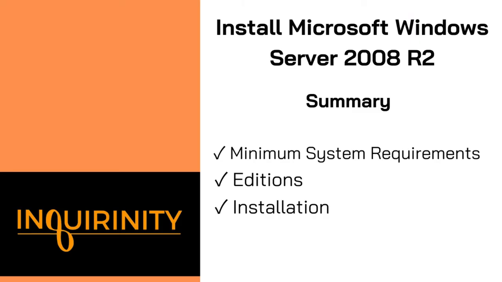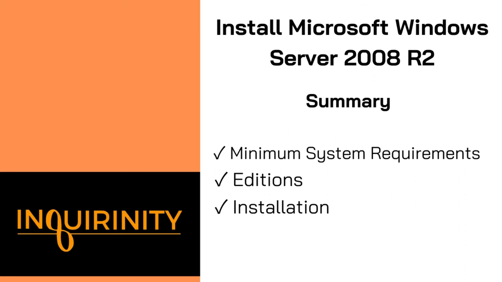So in this video, we install Microsoft Windows Server 2008 R2. We listed the minimum system requirements for a computer to run or install Windows Server 2008 R2. We also listed all the available Windows Server 2008 R2 editions, and compared the maximum random access memory and maximum physical CPUs supported by these various editions.